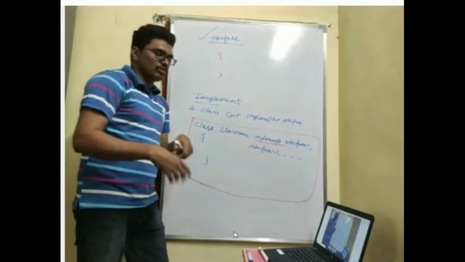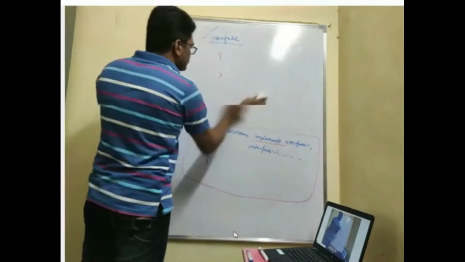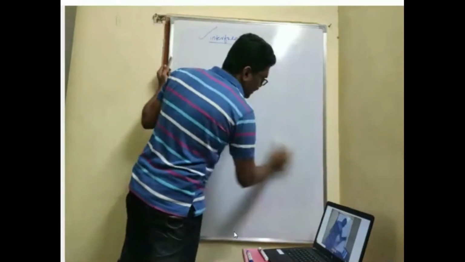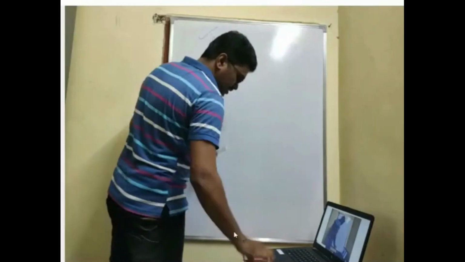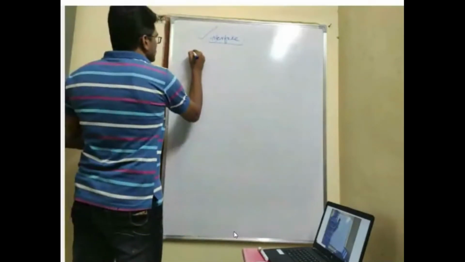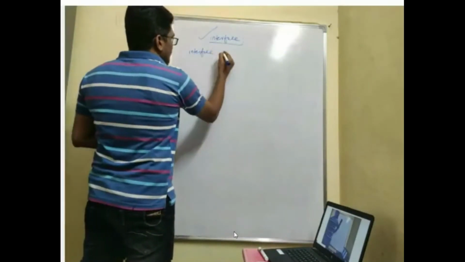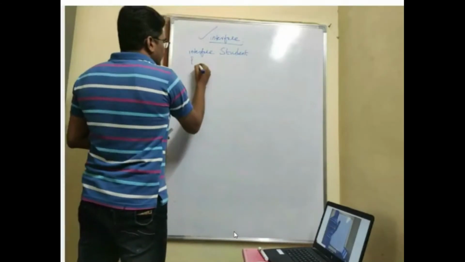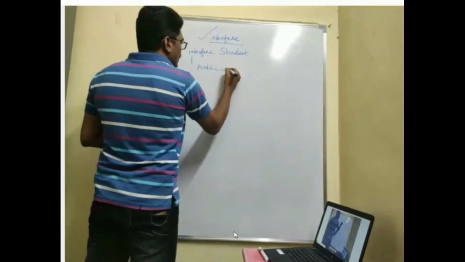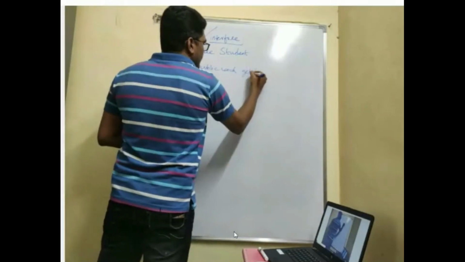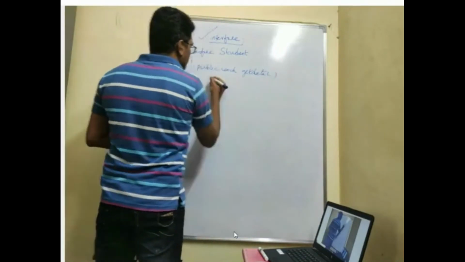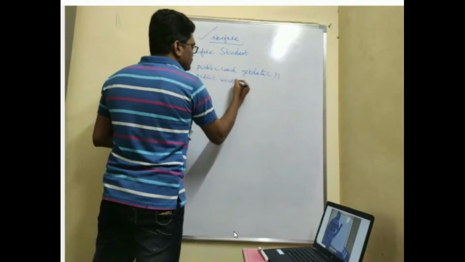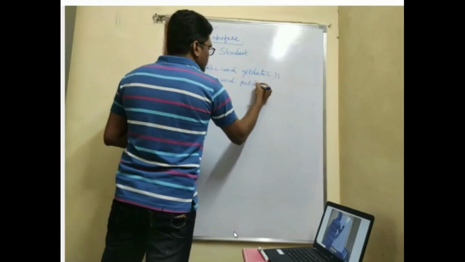Okay, now we'll see with an example how we are going to do it. First I create an interface, suppose student. I write public void get data, and public void put data.